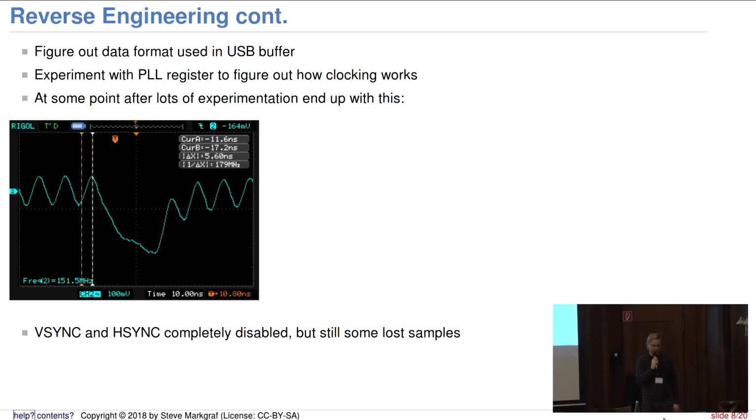And so you do not get to know how the PLL values are actually calculated. So I really had to attach an oscilloscope, look at what comes out of the device, and then play around with the values in the register. And then I see, okay, this is a divider, this is a multiplier, and so on. And after quite some experimentation, I ended up with this.